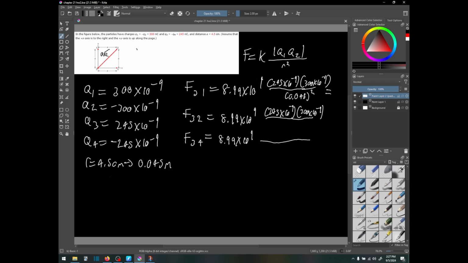Because A equals 4.5 centimeters, which we wrote as R, converted to meters that is 0.045, and then we multiply by the square root of 2. This is what we put here.